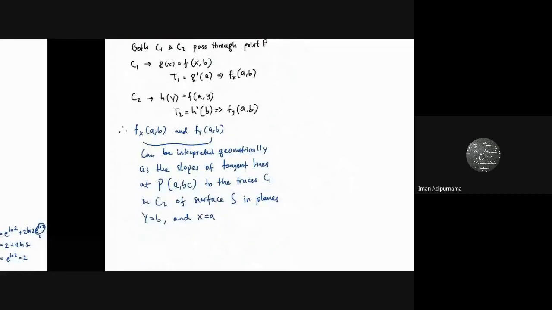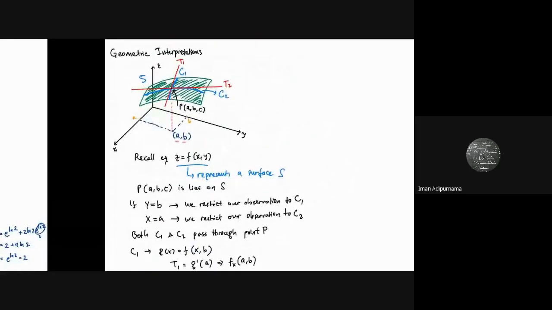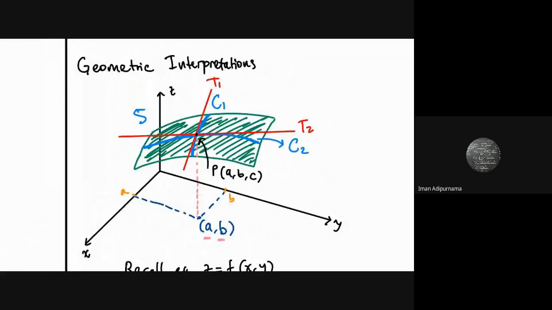And then when it's intersecting the surface, we can set up a point in which both of them are intersecting as curve 1 and curve 2, in which this is the point P. And at this point, we can set up the tangent at that curve, okay?